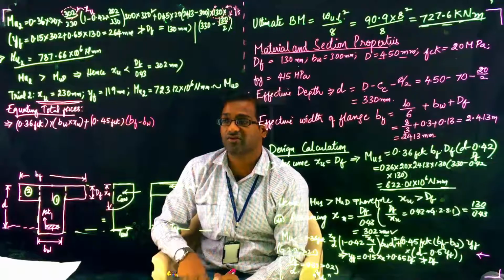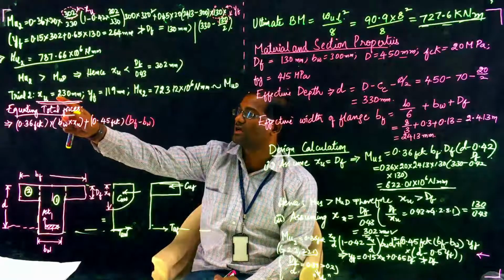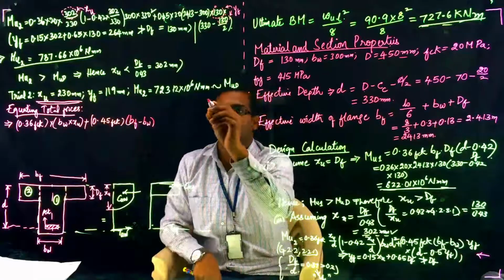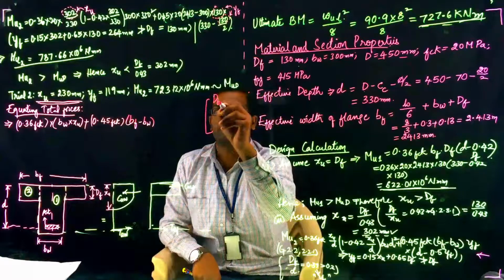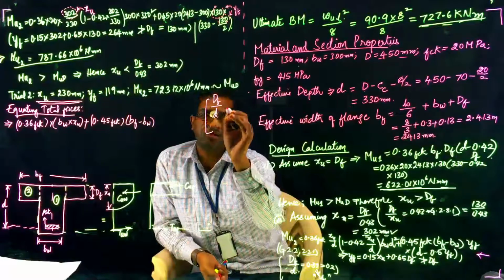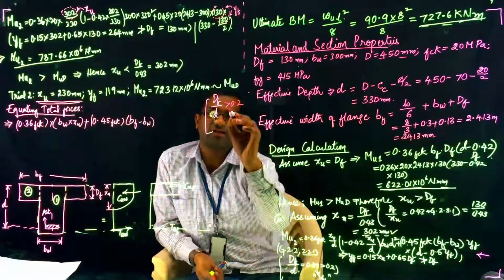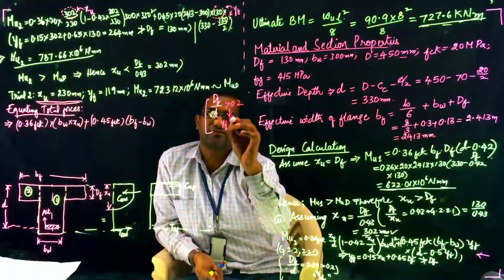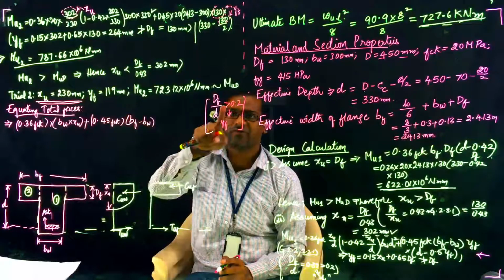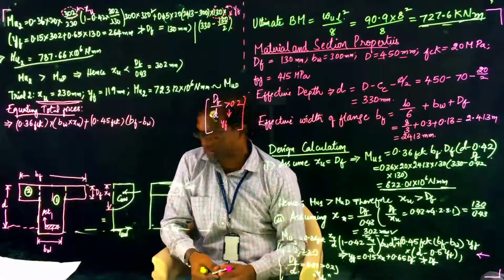Whether you take DF or YF depends on the DF by D ratio. As the DF by D ratio is greater than 0.2, which we have calculated, you have to take YF. If it is less than 0.2, then you can take DF.